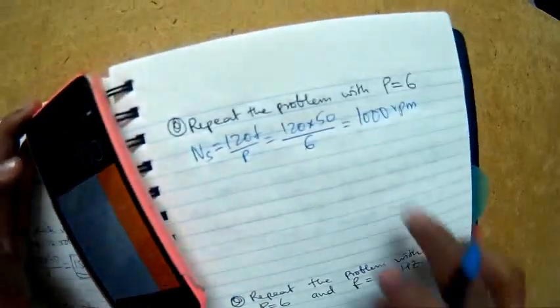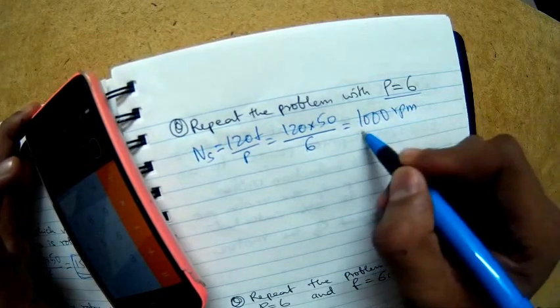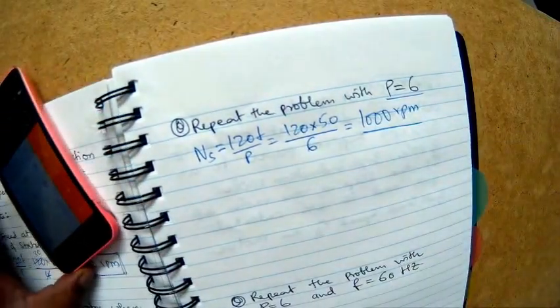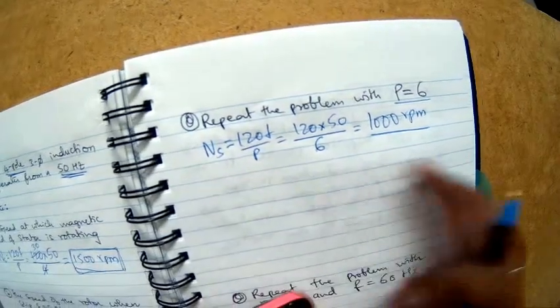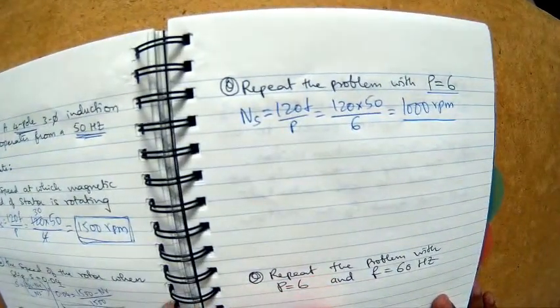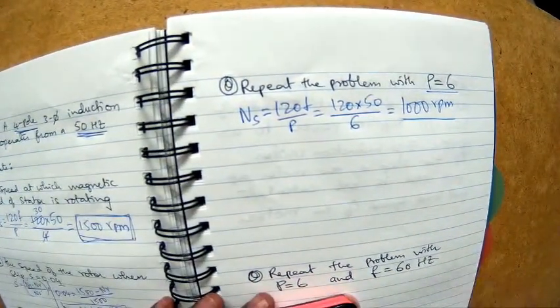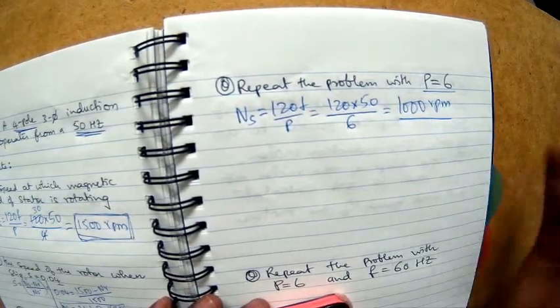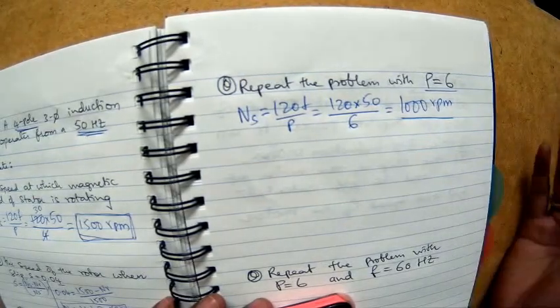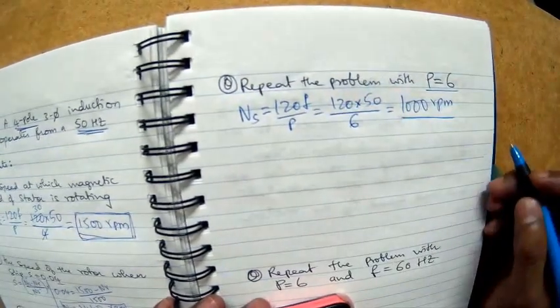So immediately you see as the number of poles increases, the synchronous speed decreases. This is the inverse relation between the synchronous speed and the number of poles of the machine. Therefore, high speed machines will have fewer poles and low speed machines will have a high number of poles. That is what we learn from this.